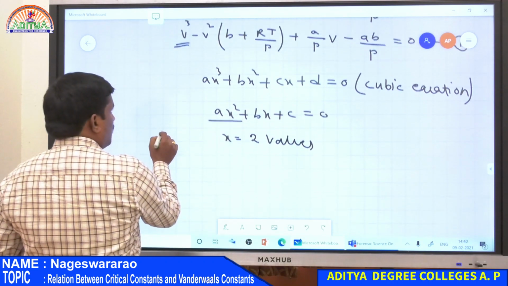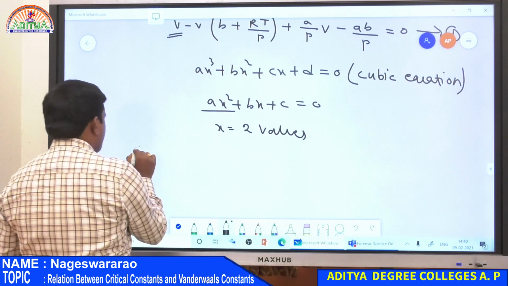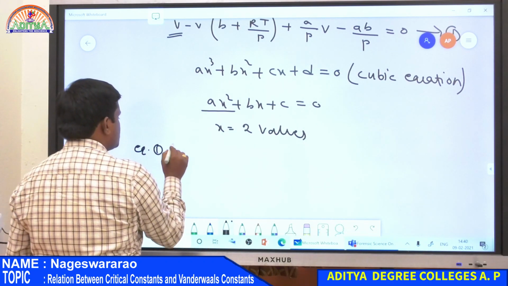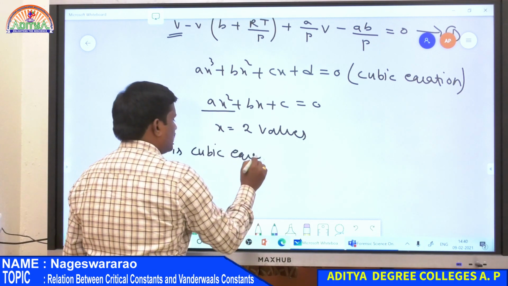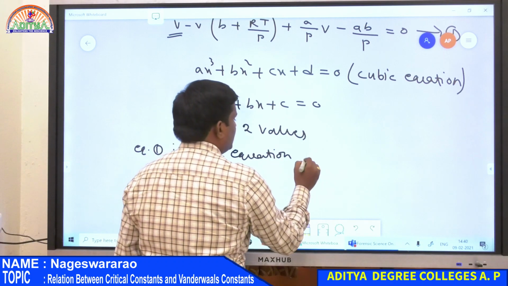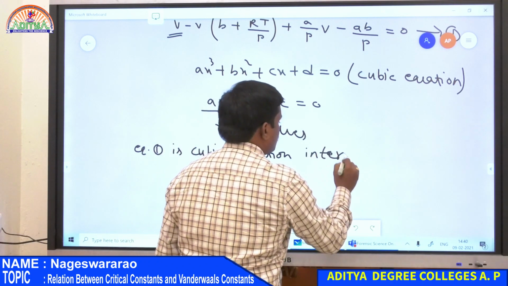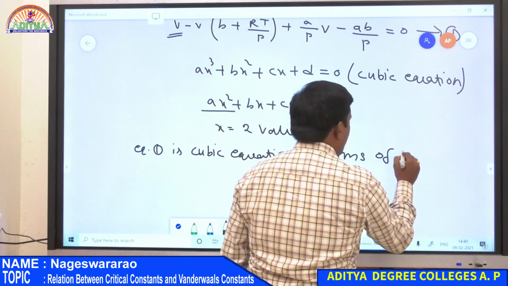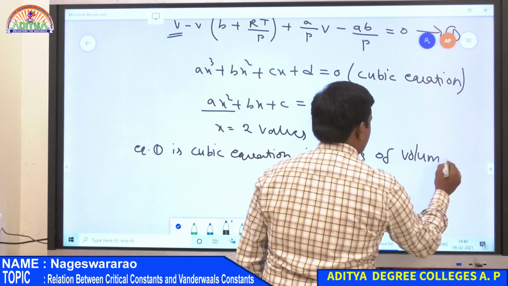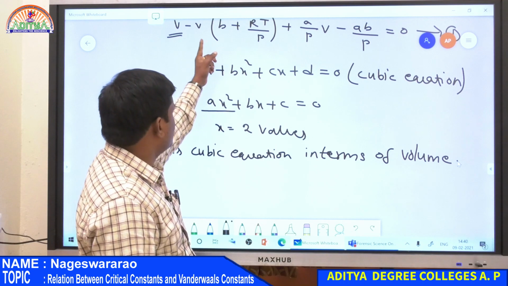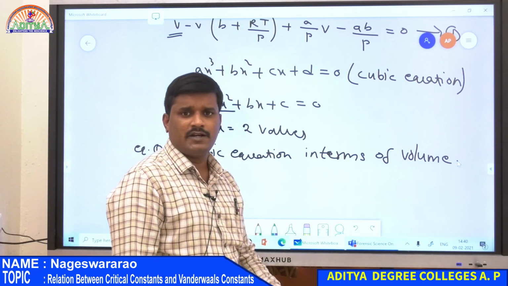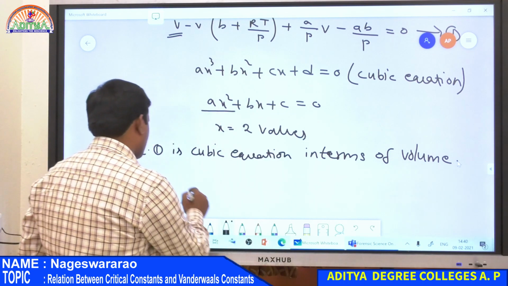So therefore equation 1 is a cubic equation in terms of volume V. So with the V cube term, V square term, and V term, it gets 3 values.